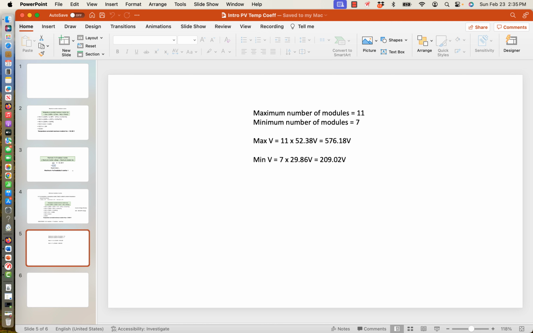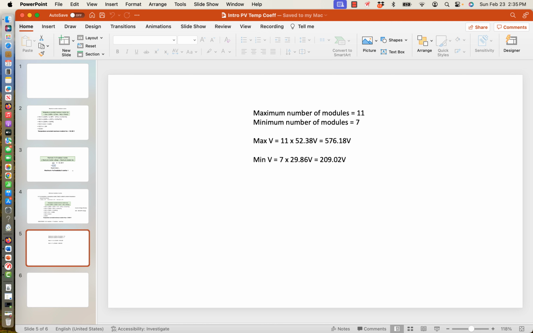So what are the voltages we're looking at? Max voltage at 11 modules would be 11 times 52.38 equals 576.18 volts. The minimum voltage, 7 modules times 29.86 volts VMP, equals 209.02 volts. So this configuration would work fine for that particular inverter.